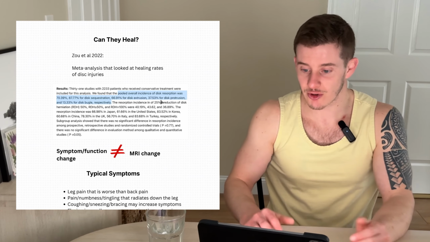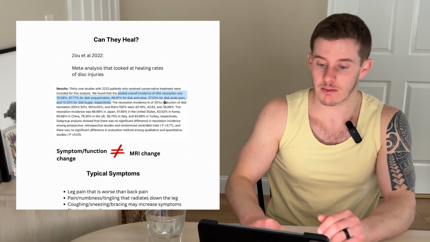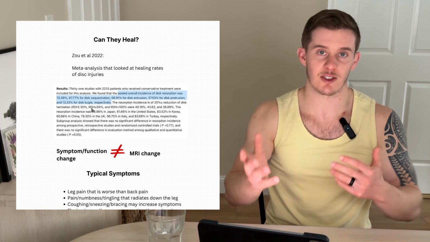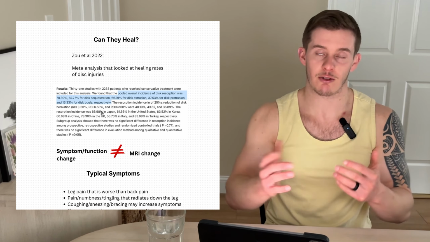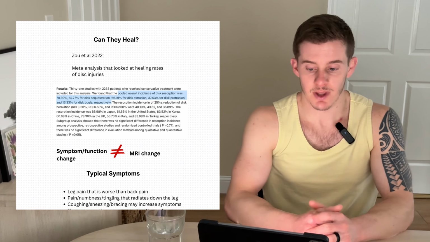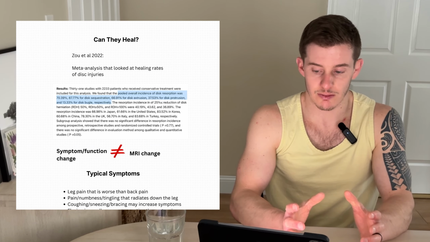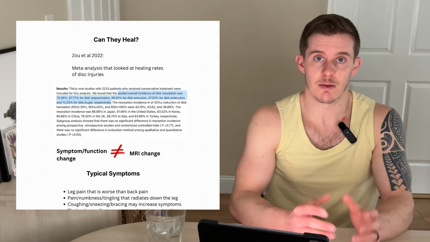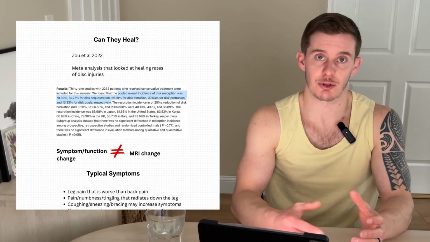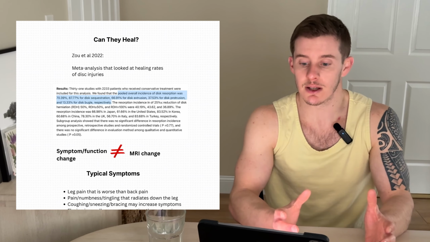And then for disc protrusion, about 37-38%, and then 13% for disc bulge, etc. So it shows that all types of disc injuries can heal, and the larger the actual injury, the more likely it is to have that disc material resorb and structurally heal.